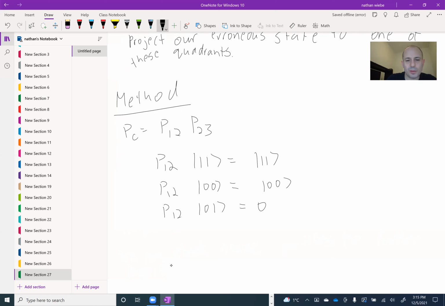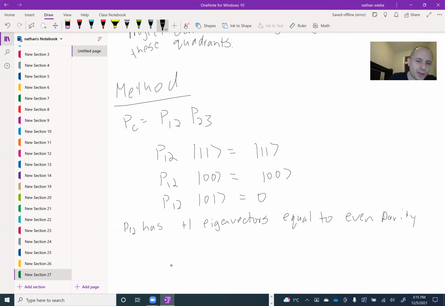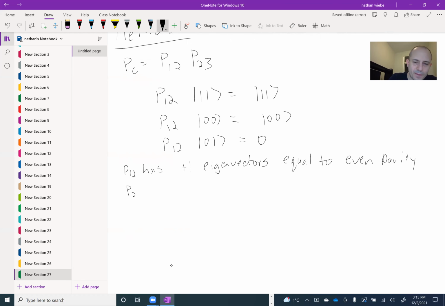So essentially, P12 has +1 eigenvectors equal to even parity bits. And similarly, P23 has the same.